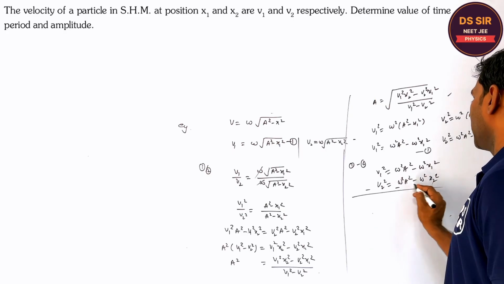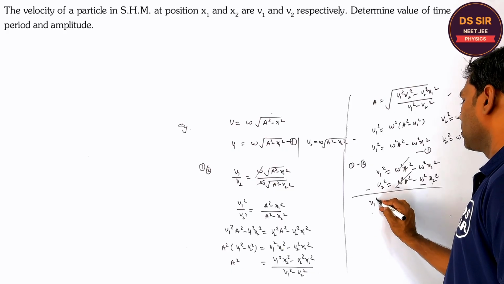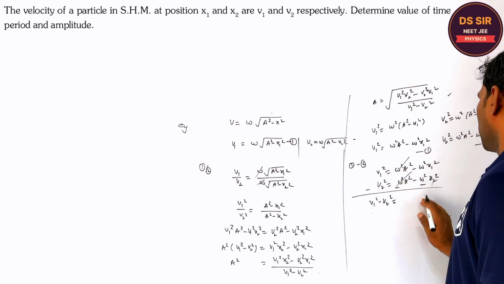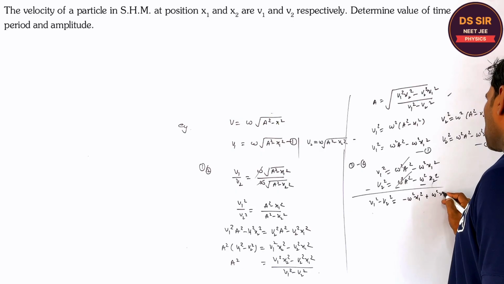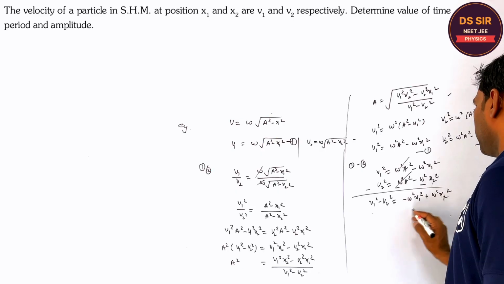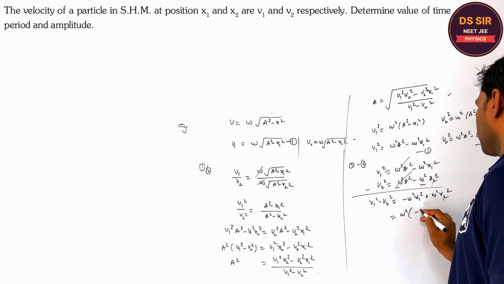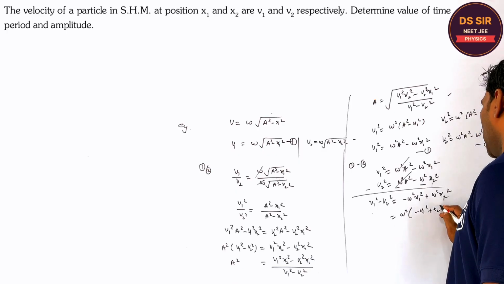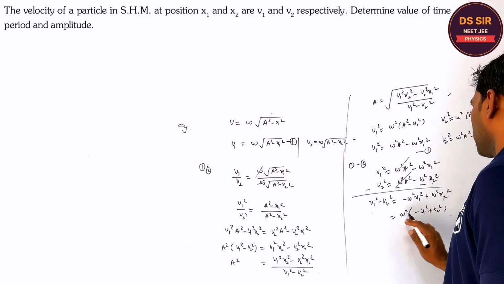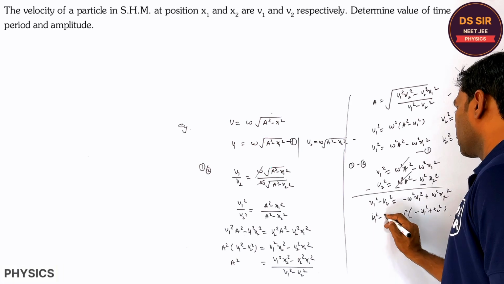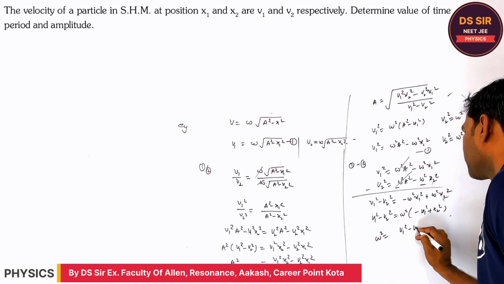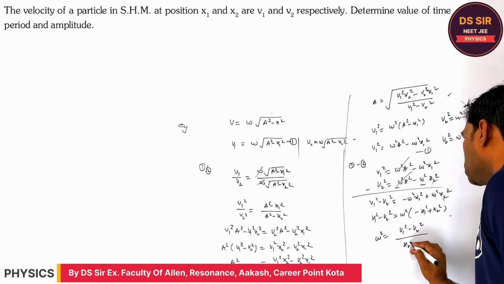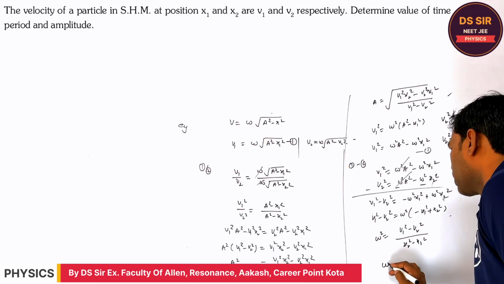If you subtract them, it will cancel. v1 square minus v2 square equals minus omega square x1 square plus omega square x2 square. So if you take omega square common, x2 square minus x1 square, right? So omega square may be written as v1 square minus v2 square upon x2 square minus x1 square.